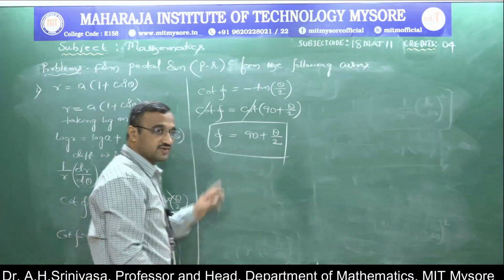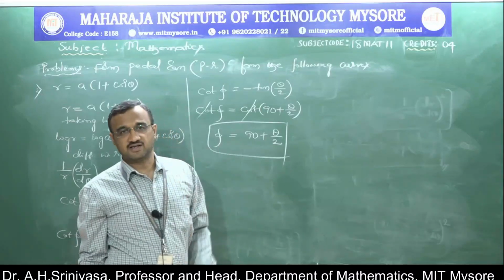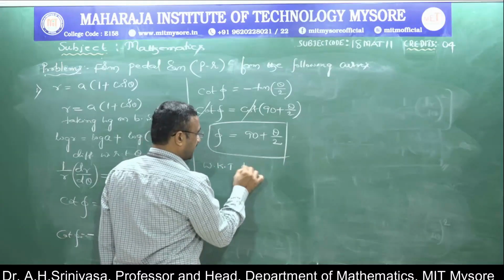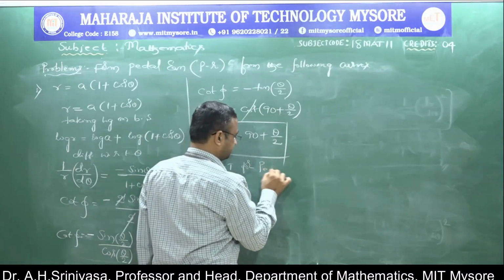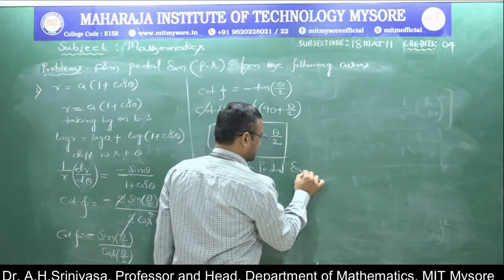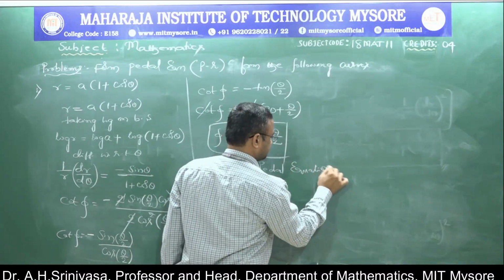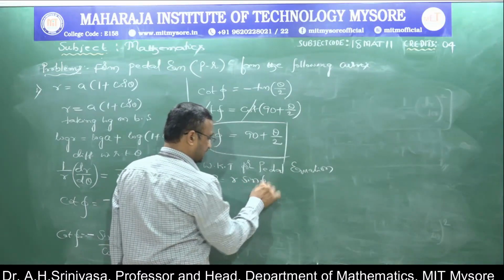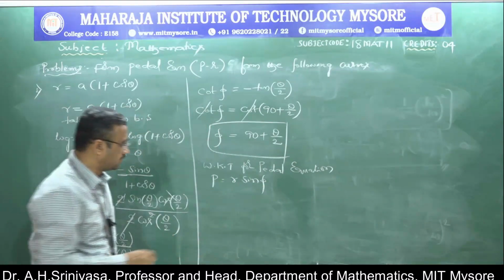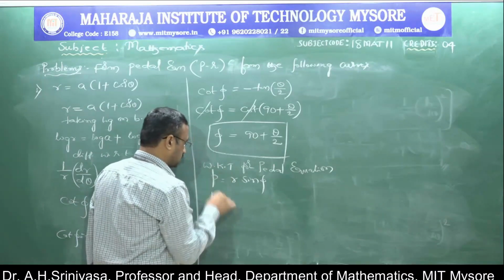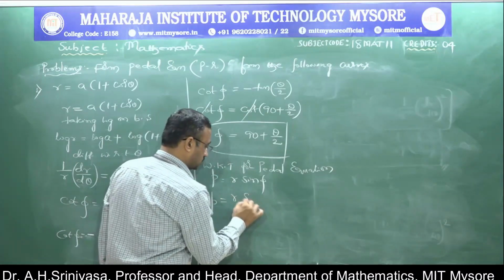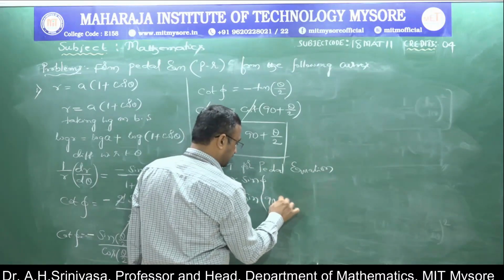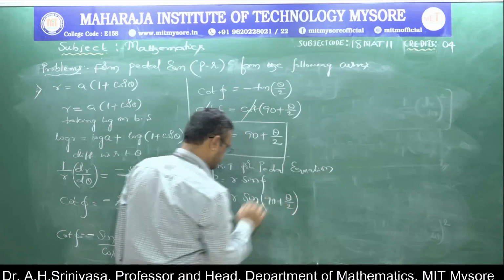For the pedal equation, once you are getting the value of phi, then use the pedal equation formula. We know that for the pedal equation, p equal to r into sin phi. Then p should be equal to r into sin of the phi value you have to write down here, 90 plus theta by 2.